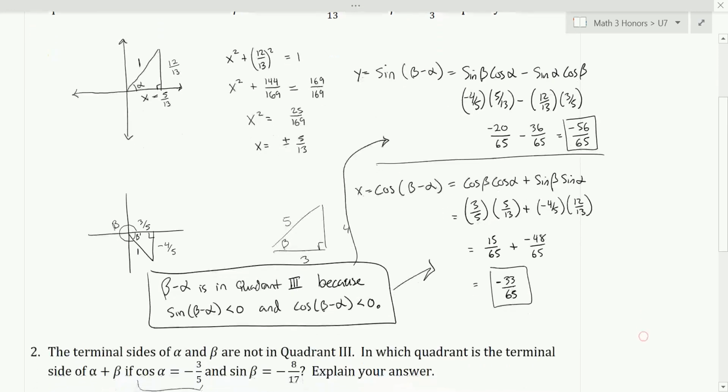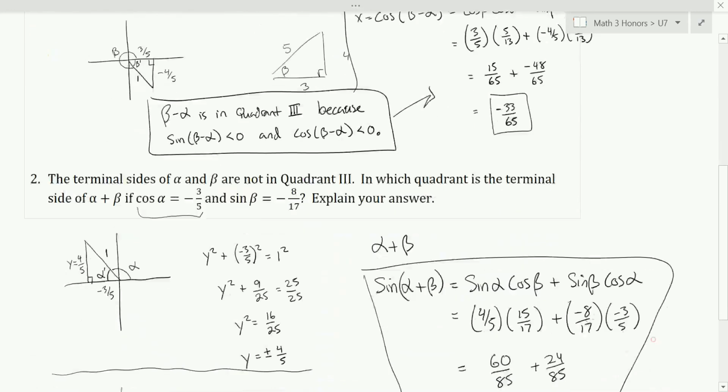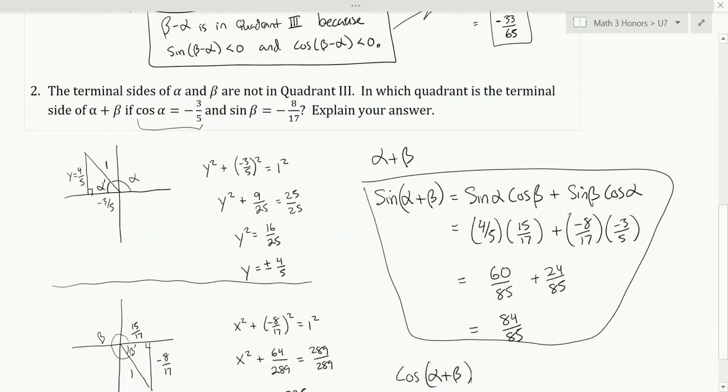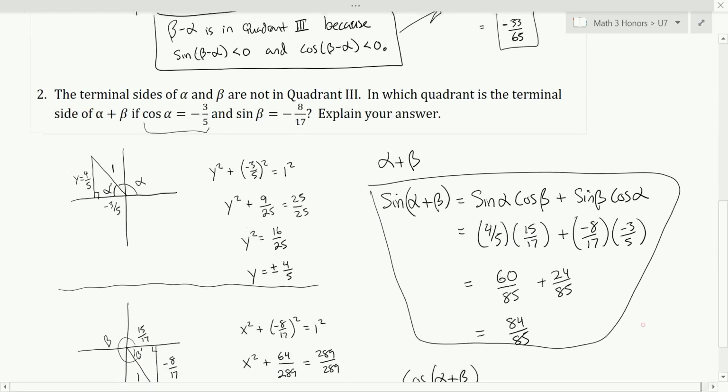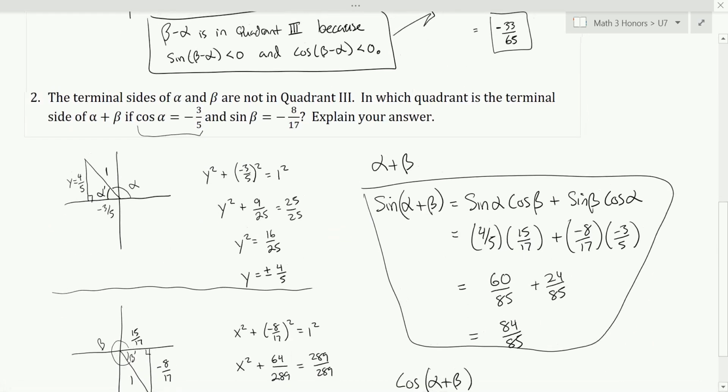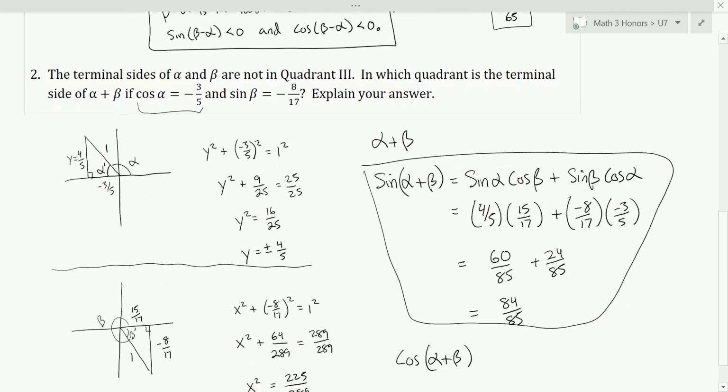And then we were almost finished with number two. Number two, we were told that alpha and beta are not in quadrant 3. We're also told that the cosine of alpha is negative, so that puts alpha in quadrant 2, the terminal side. And we're told that sine of beta is negative, so that put us in quadrant 4, because neither can be in quadrant 3.